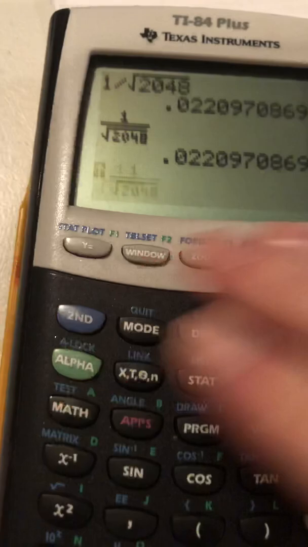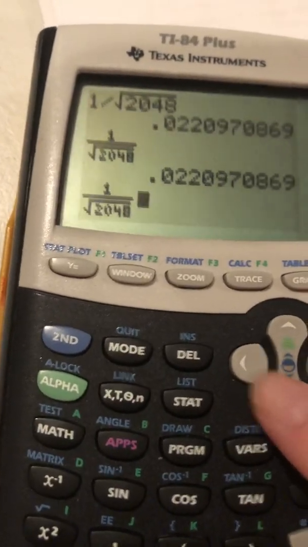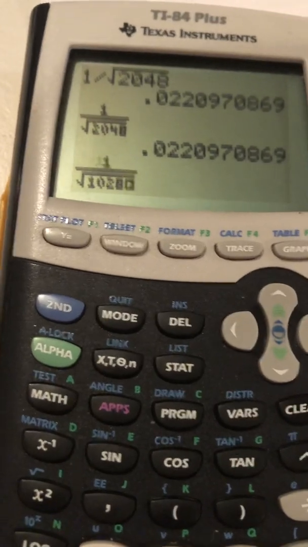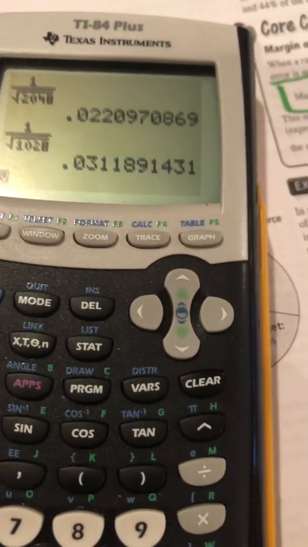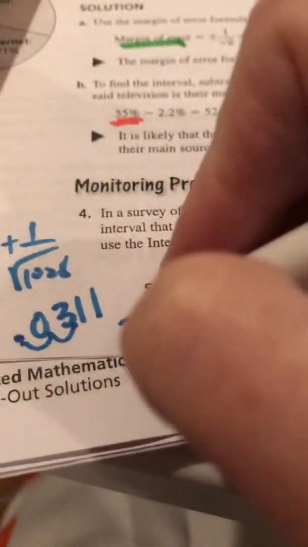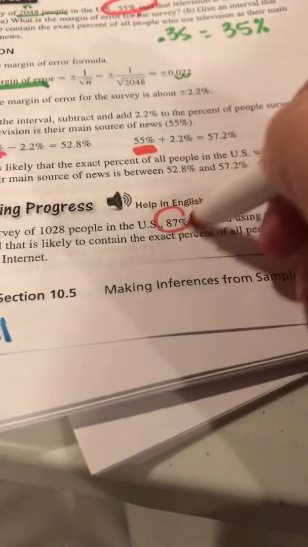So we would do plus or minus 1 over the square root of 1028. Okay, so my calculator again. I'm just going to go down there and do that because it's so pretty. 1028. So this one is 0.0311. So if I put that in, again, that would be moving it over, that's 3.1. And so it says 87%, that's their claim.